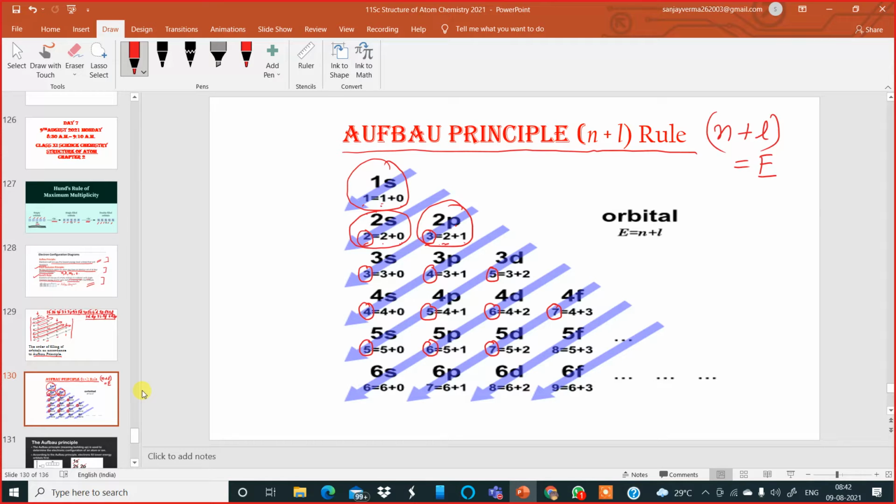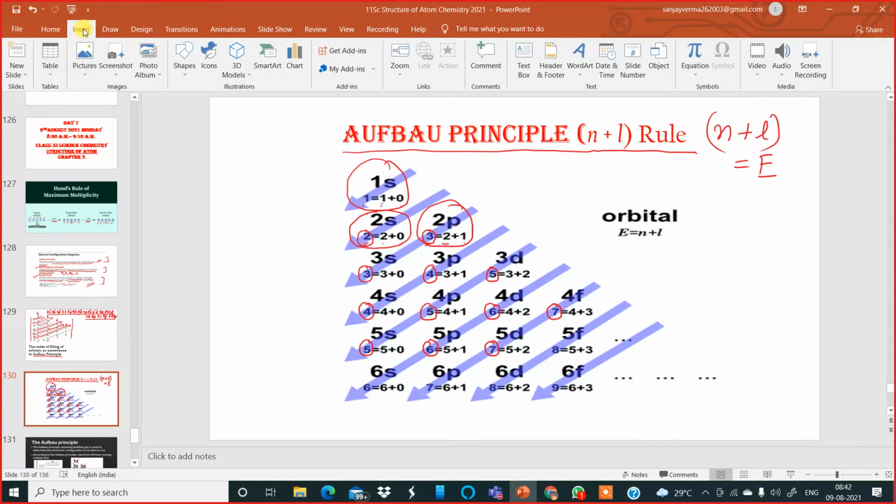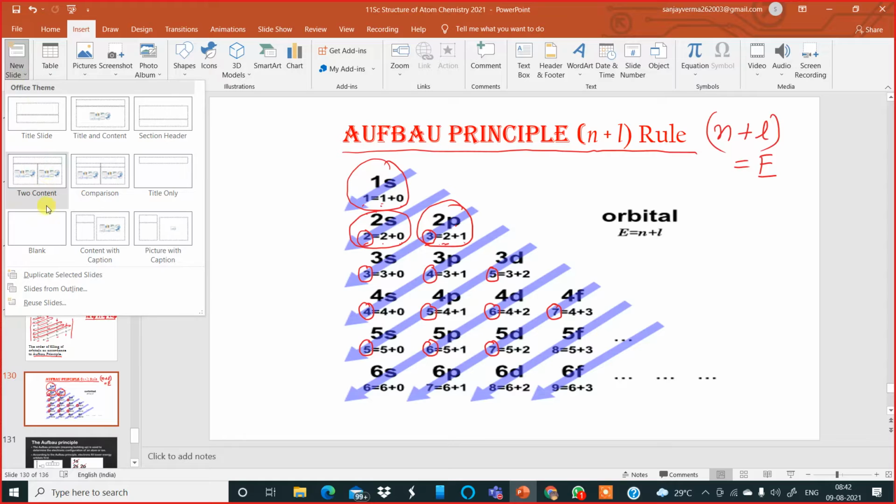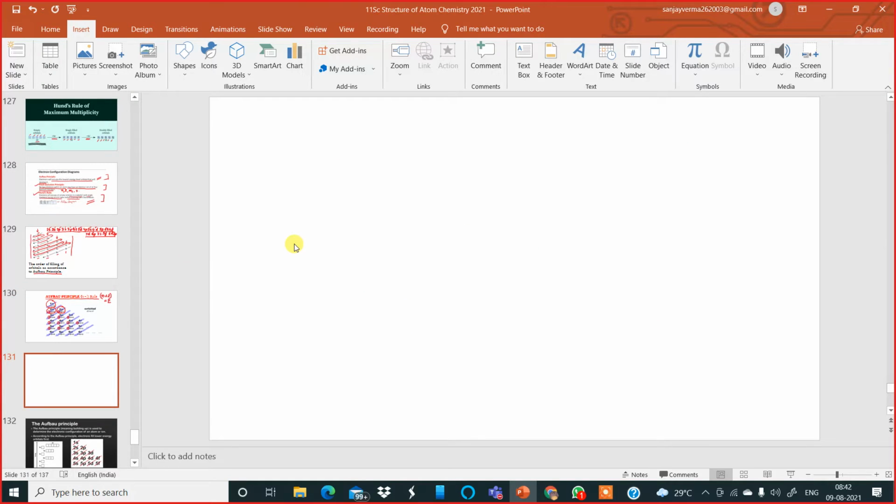Now, to explain this properly, let me insert one slide over here. I am trying to explain how to apply the n plus l rule under the Aufbau principle.